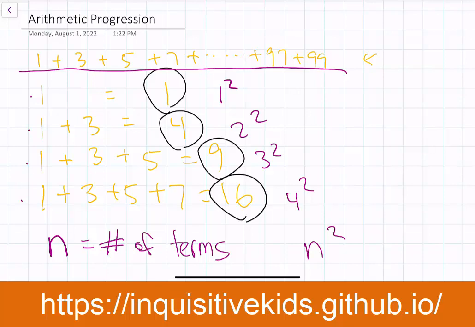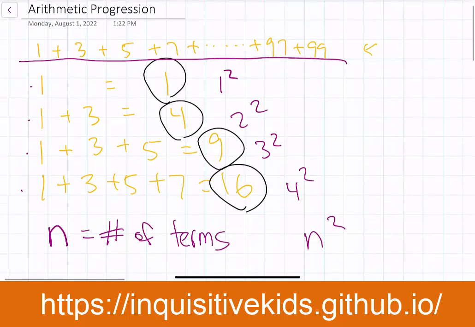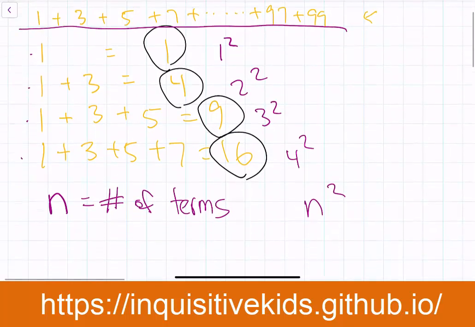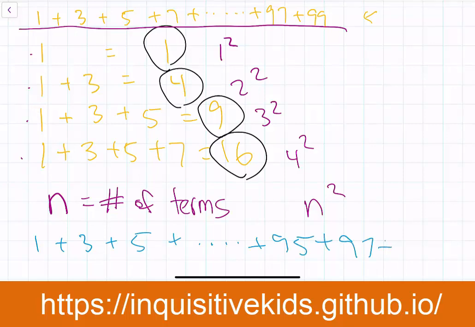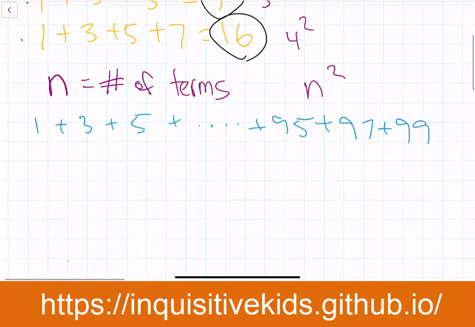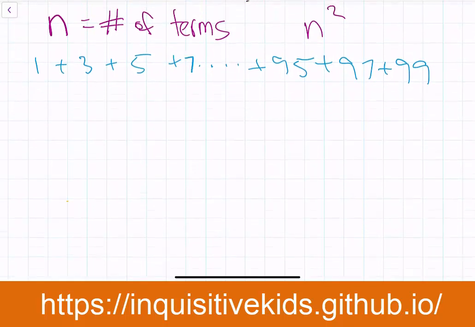So how are we going to find the number of terms? Let's see if we can find a pattern again. We have 1 plus 3 plus 5 all the way up to 95, 97, and 99. So we can see that the common difference between each of these terms is 2.